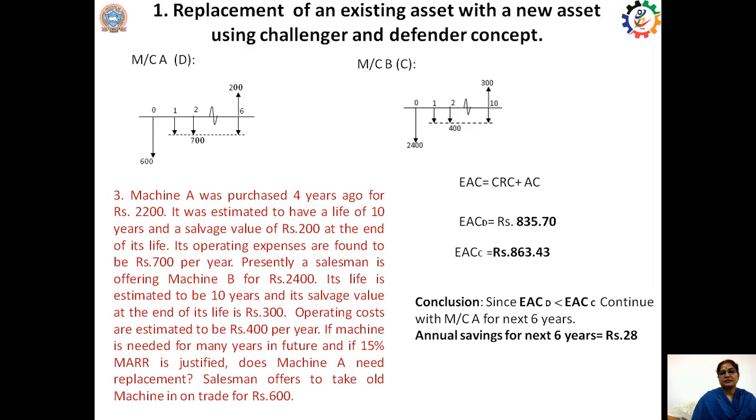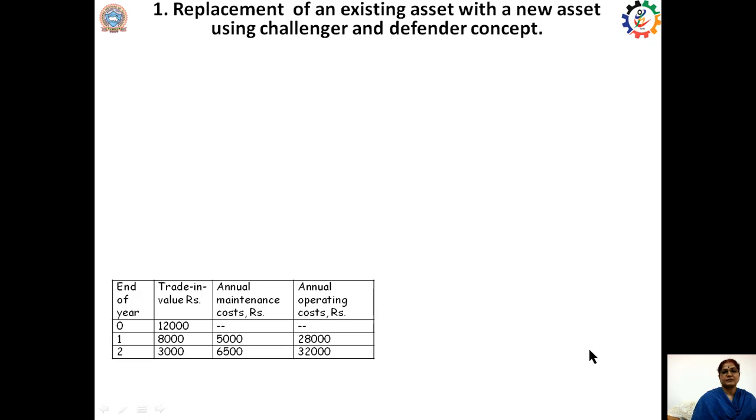So conclusion is that out of these two, whichever is minimum, that is 835 is minimum, so keep the Defender, don't go for Challenger. Give the justification, that is for Defender it is less, hence continue with machine A for next 6 years. Annual savings is not asked in this question, but still if it is asked, it is just the difference between these two, that is rupees 28.